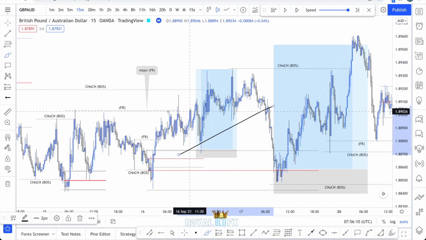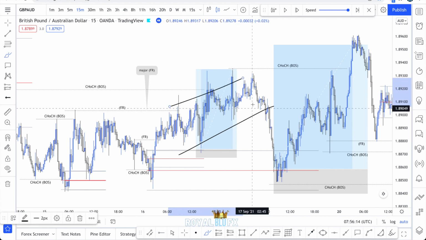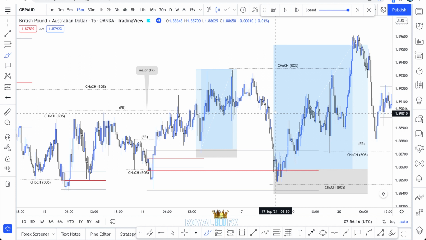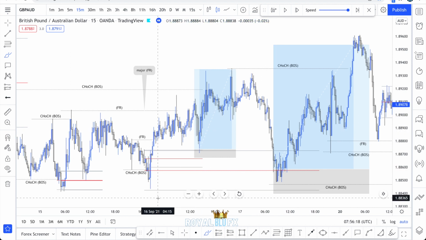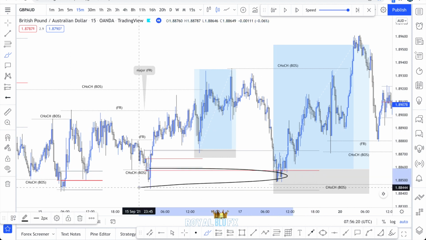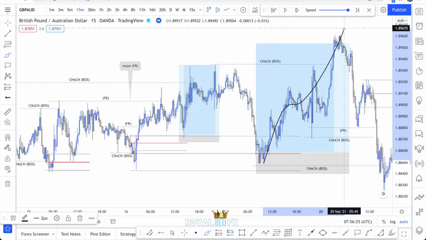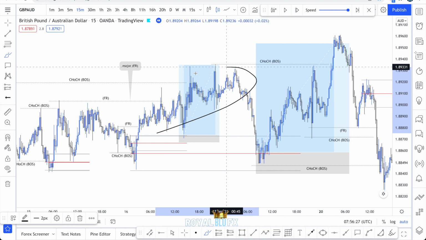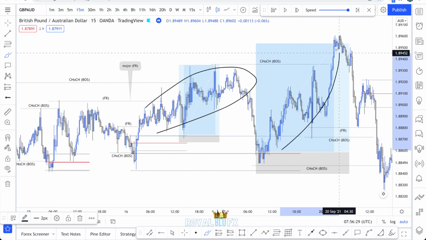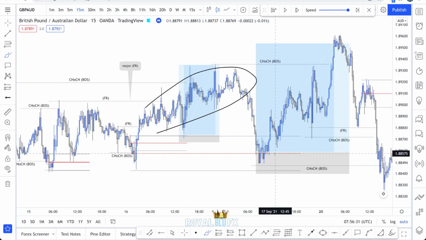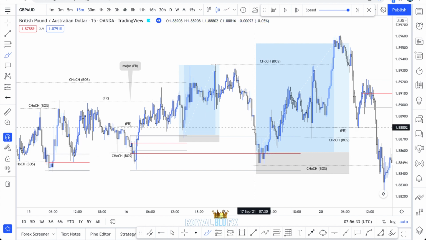So this is an area where buyers and sellers were happy with each other until price took this impulsive movement to the downside. And then you can see here how price touched our area of demand and started to shoot up quite rapidly. If you compare this pricing and this pricing, they're different in terms of movements.